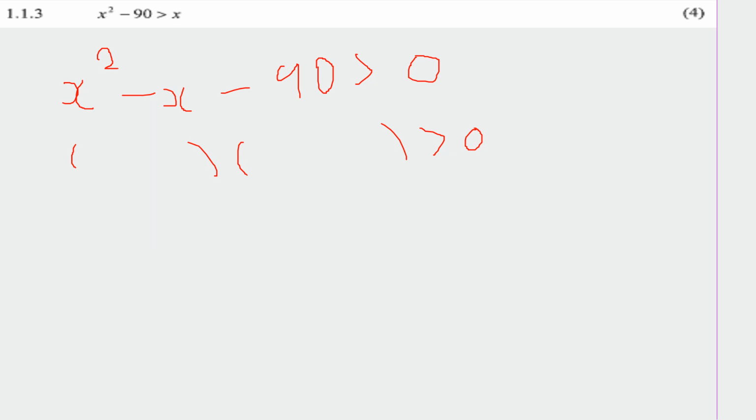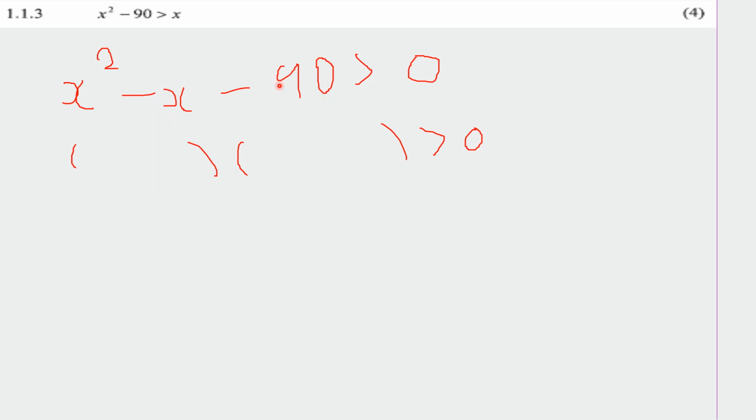So when we open 2 brackets, we are now going to look for factors of 90 that when we subtract them, give us -1.